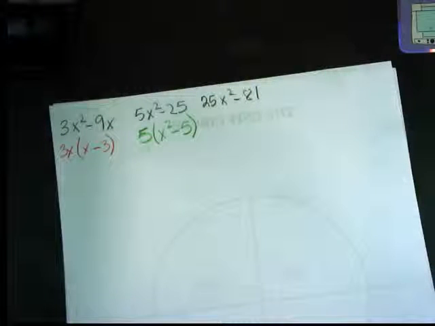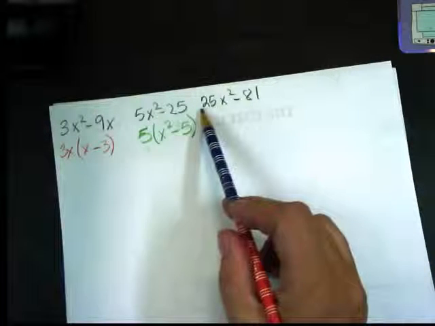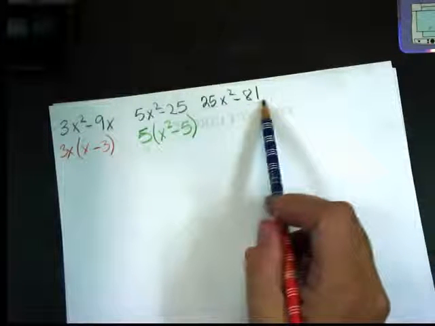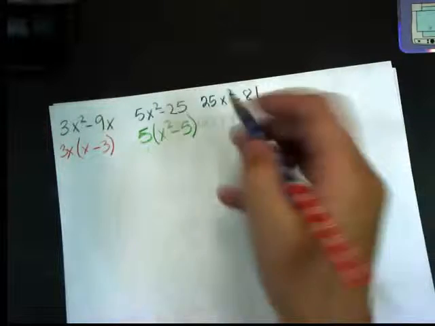25x squared minus 81. 25 and 81 share nothing. They don't have a common factor. So I need to ask myself, is this a difference of 2 squares? And we should recognize these are perfect squares.